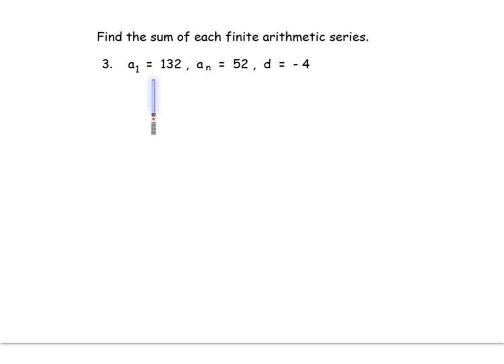Let's look at that series formula, and it should just stand out to us. So looking at the formula, I need to know what N is. And that's not given. I know that A1 is 132. I know that AN is 52. And I know my common difference. But I don't know what N is.